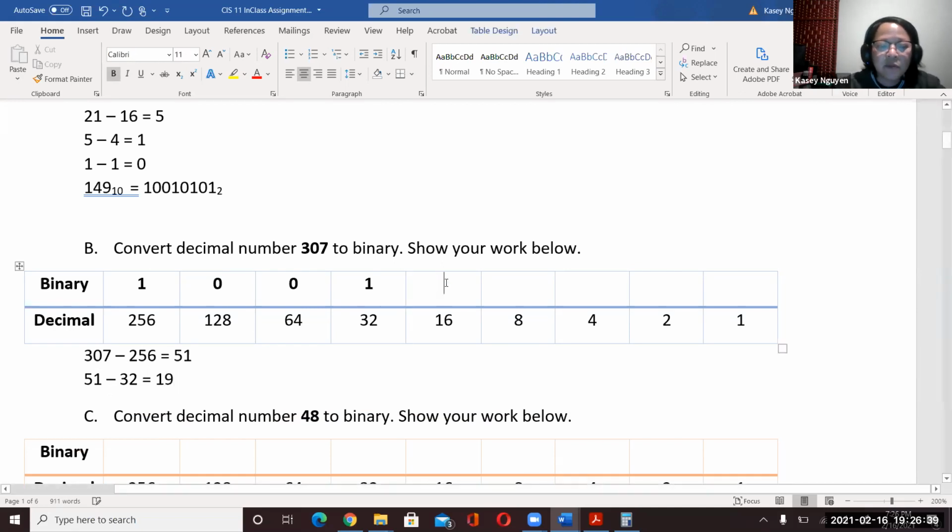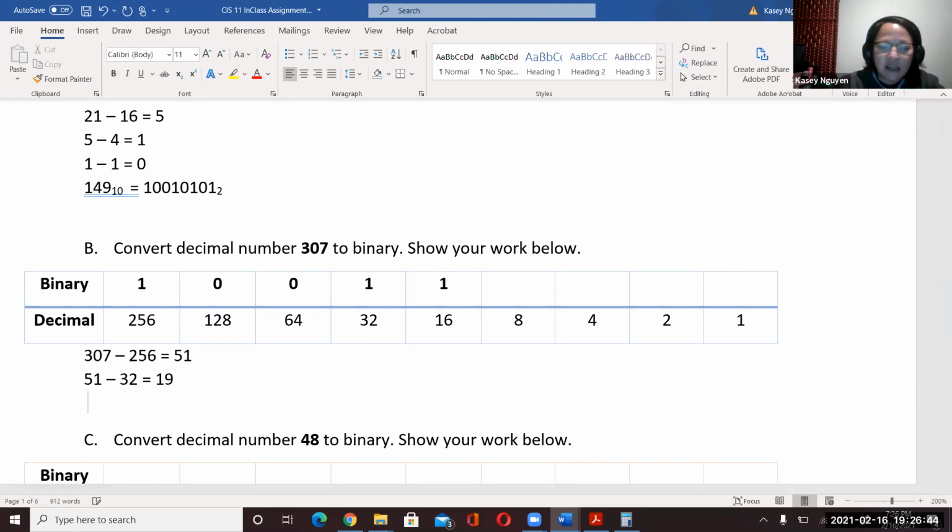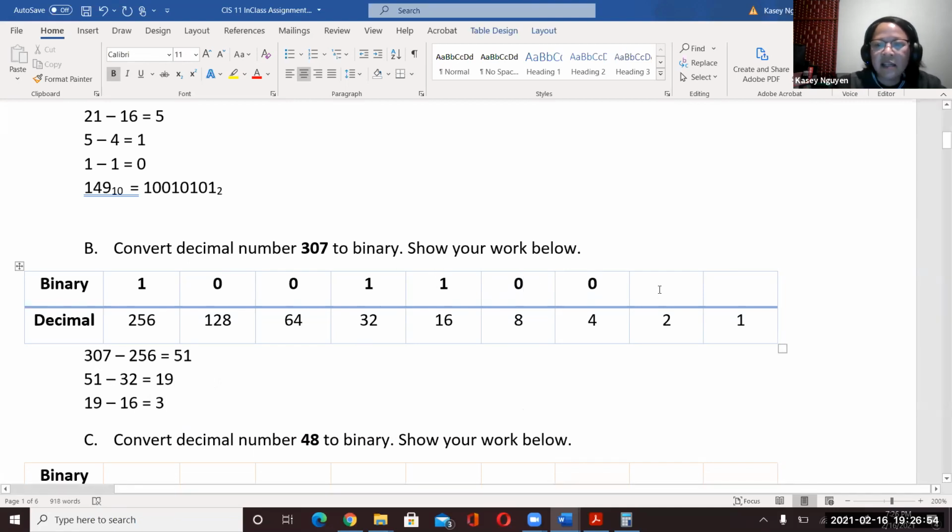And then you have to subtract 16 because that's next. So 19. I'm just writing down the step for you so you can see that gives you 3. So it's going to skip 8, it's going to skip 4, and then it's going to do 1 and 1 at the end. Since it's an odd number, you know that this last one is on.